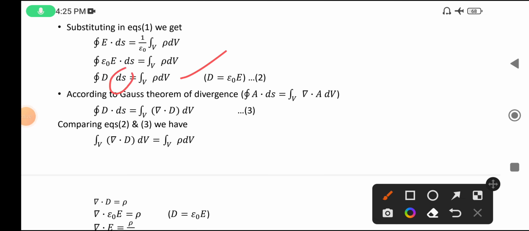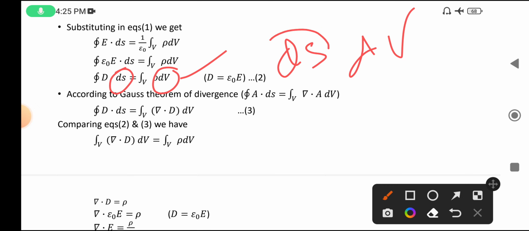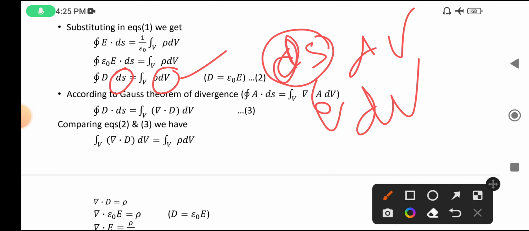Now here we have dS and dV: dS means small area, dV means small volume. So convert this into dV. If you want to convert the area integral into a volume integral, which theorem do we have to use? Gauss theorem of divergence.